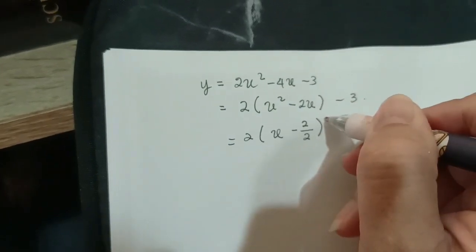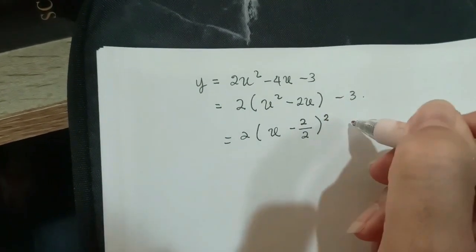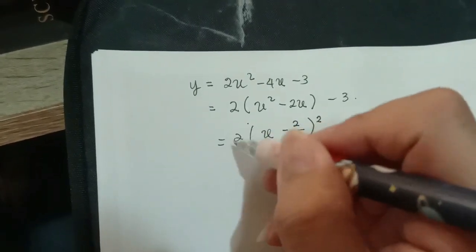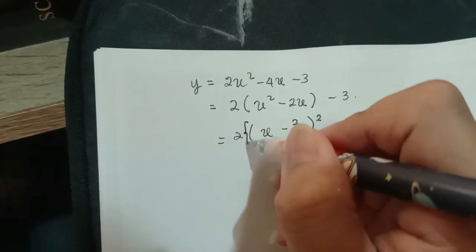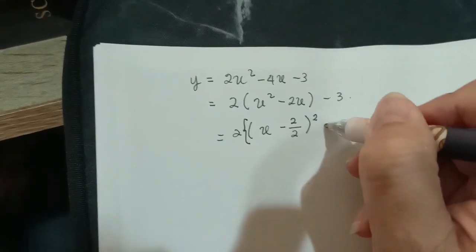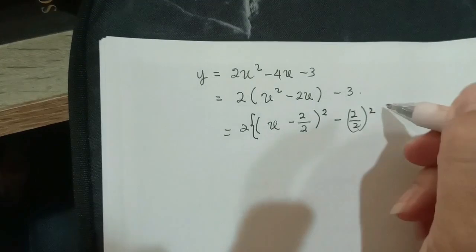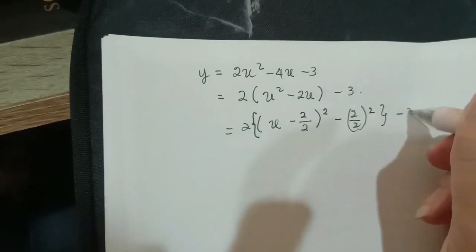Replace it with quadrat over here. Don't forget, because there is 2 over here, we have to give it in the bracket. Then minus this number quadrat, in the bracket, minus 3.